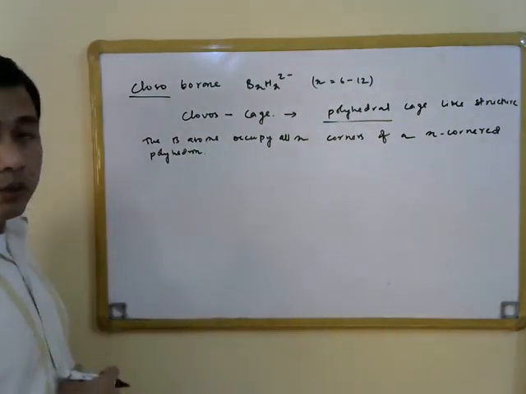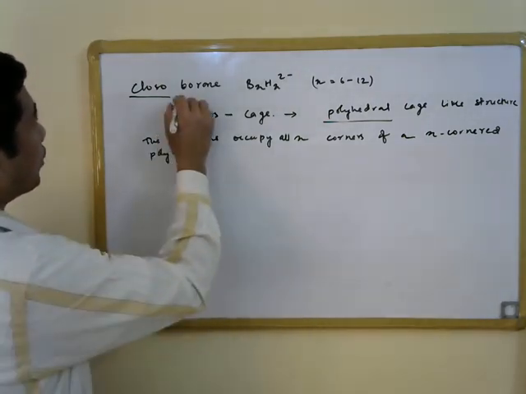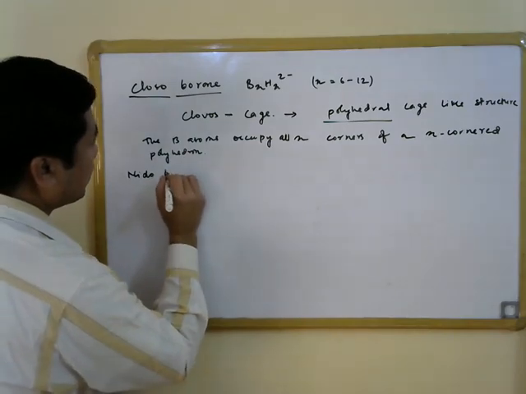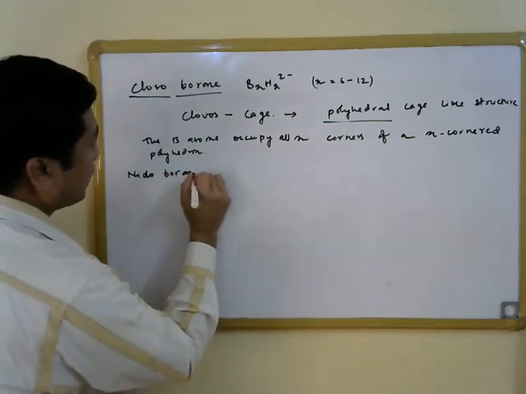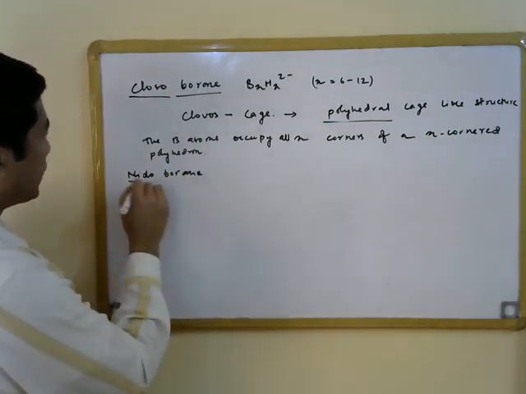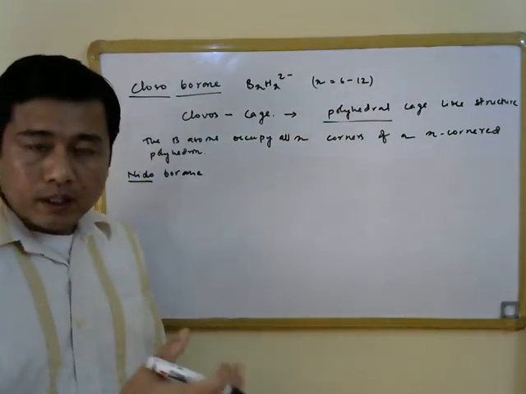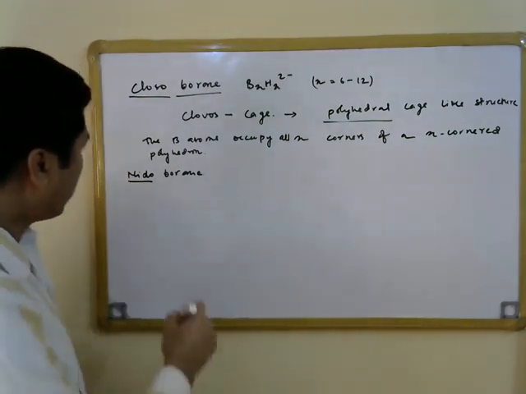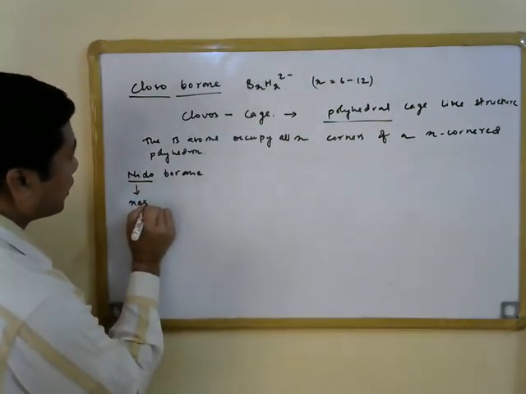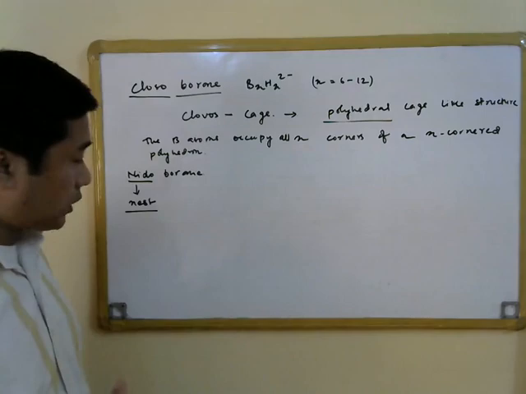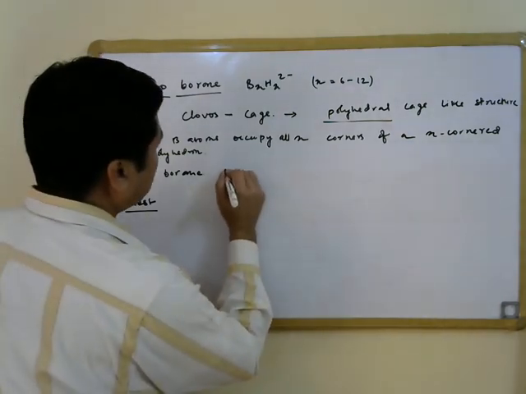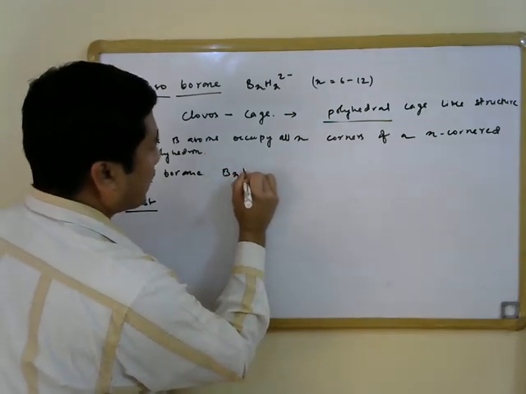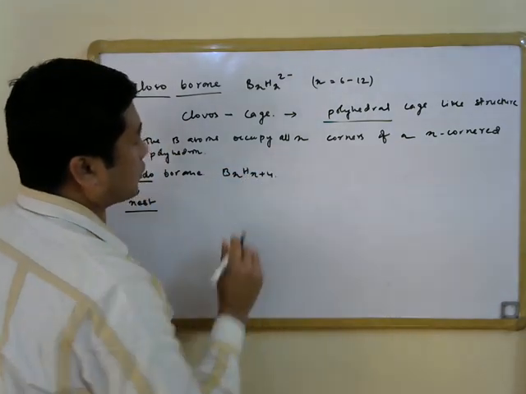Now, the next category or next series of borane is known as nidoborane, and the word nido comes from again a Greek word called nidas, which means nest. This essentially stands for nest-like structure, and the generic formula of nidoboranes is BnHn+4.